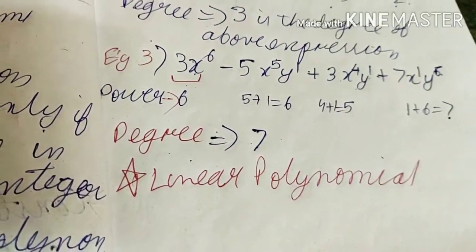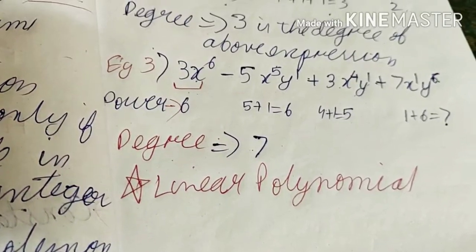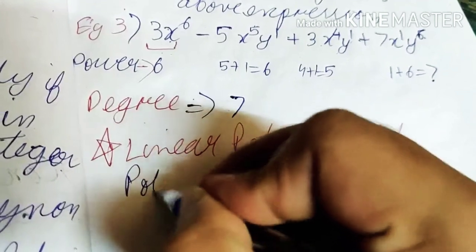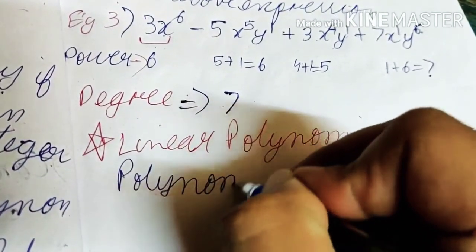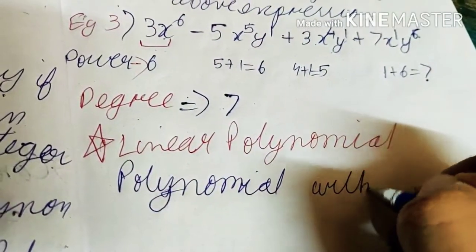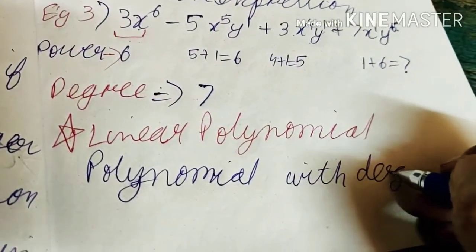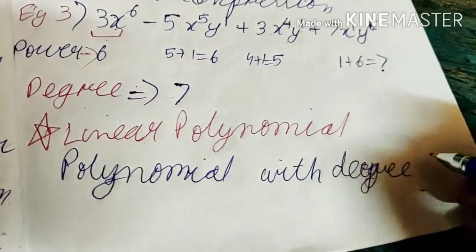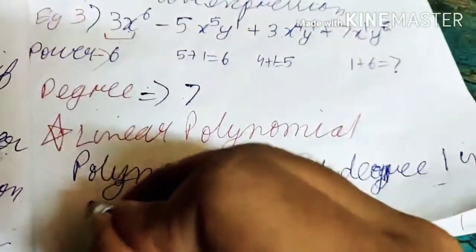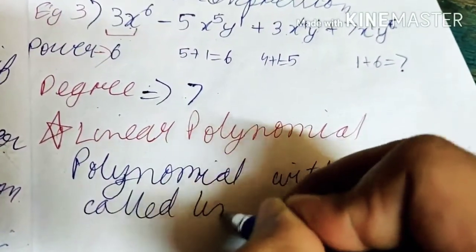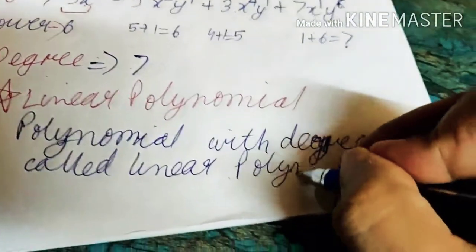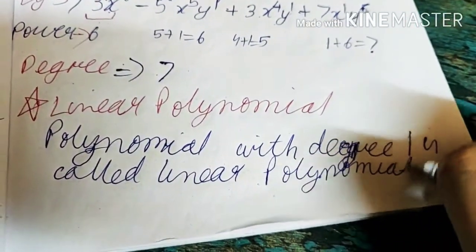A polynomial that has no variable in the denominator, that is no negative power, with degree one is called a linear polynomial. A polynomial with degree 1 is a polynomial in which the highest power is 1.